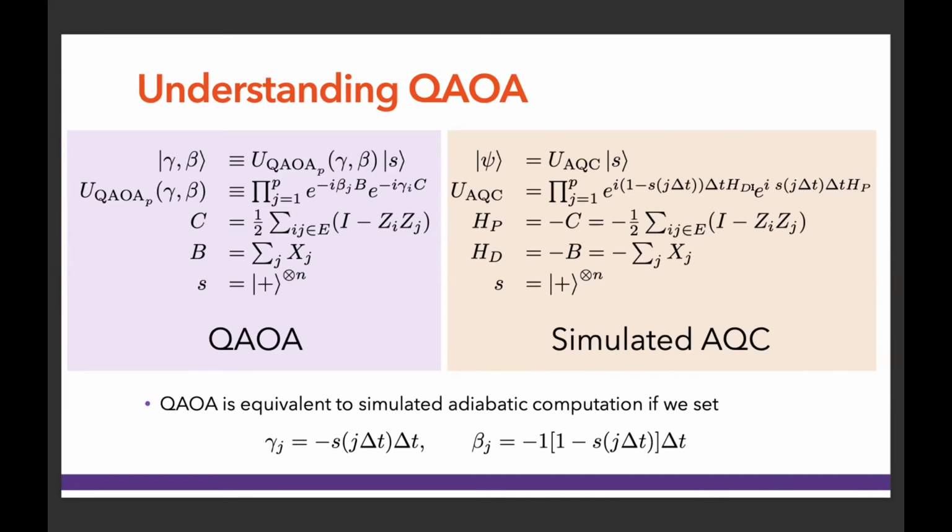And internally, we have two operators because we took this approximation where we approximated the exponent of a sum of two non-commuting things by their product. And so what we see here is that QAOA with a certain choice of beta and gamma is equivalent to simulating adiabatic evolution. And this is why we can say that, in the limit of infinitely deep circuits, QAOA can at least approximate sufficiently slow adiabatic quantum evolution, and we can recover the optimal state.